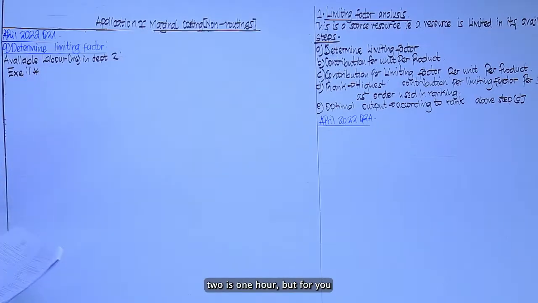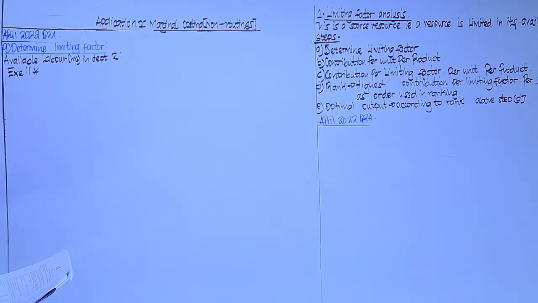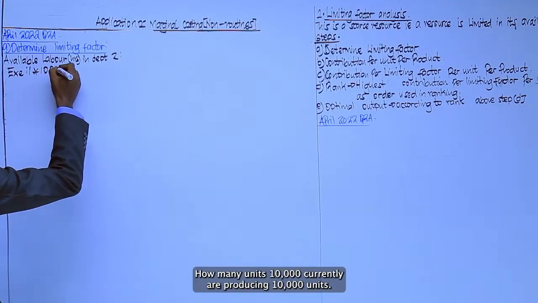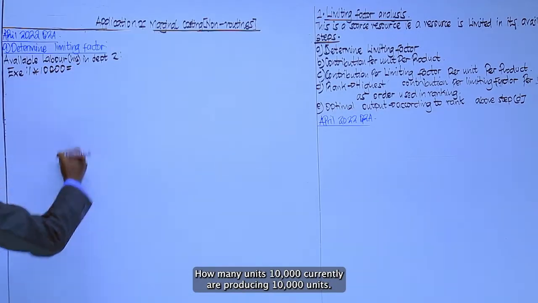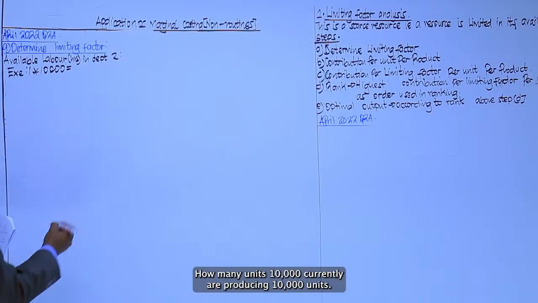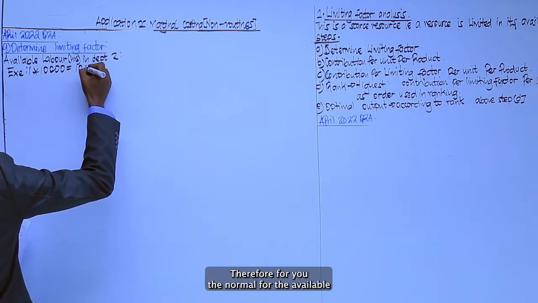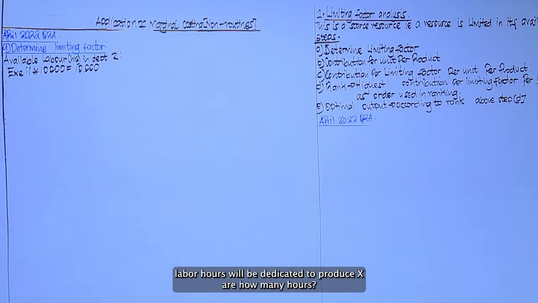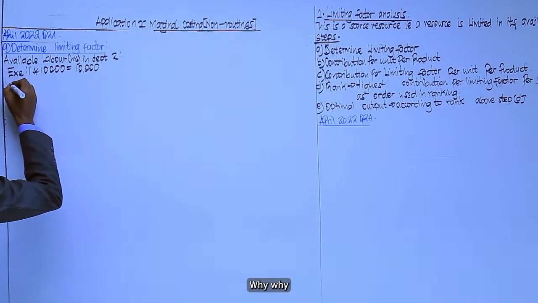But for you to produce X, you currently are producing how many units? 10,000. Currently are producing 10,000 units. Therefore, the available labor hours dedicated to produce X are how many hours? 10,000 hours.